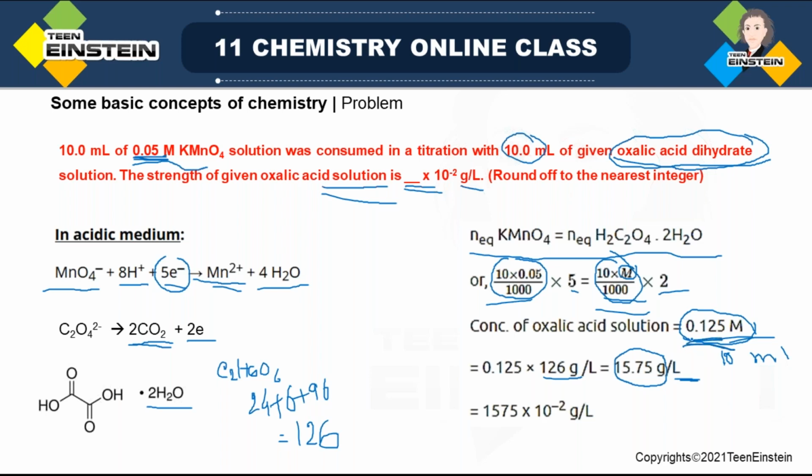This is the number of moles present in 1000 ml, but this is not the answer. The answer is in terms of gram. So that is why this 126 value that I calculated, that step you have to do. You multiply the number of moles present in 1 liter with the molar mass, and it will give you this value. But as there is 10 to the minus 7, you just have to shift this decimal 2 digits, and ultimately the answer is 1575.